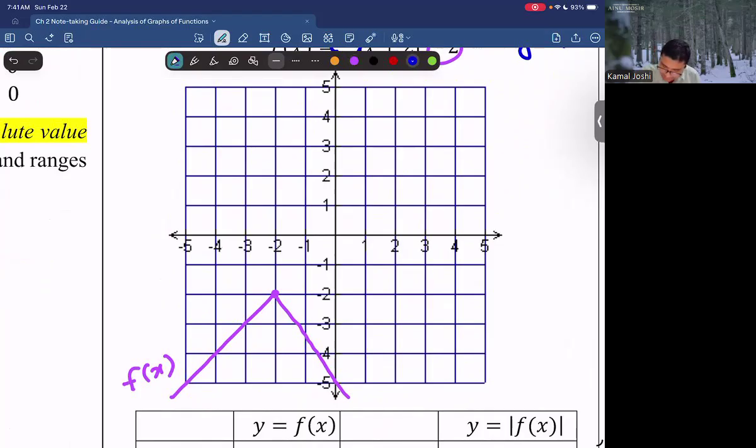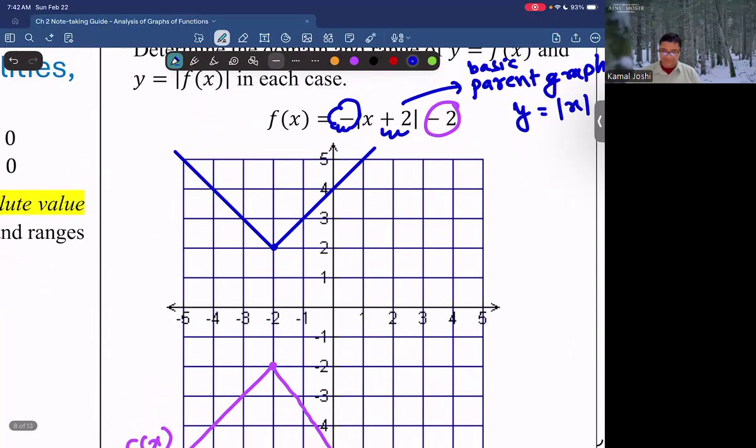And luckily for us, this whole graph is negative, so its entire absolute value is going to be on the other side. That will be the reflection, right?